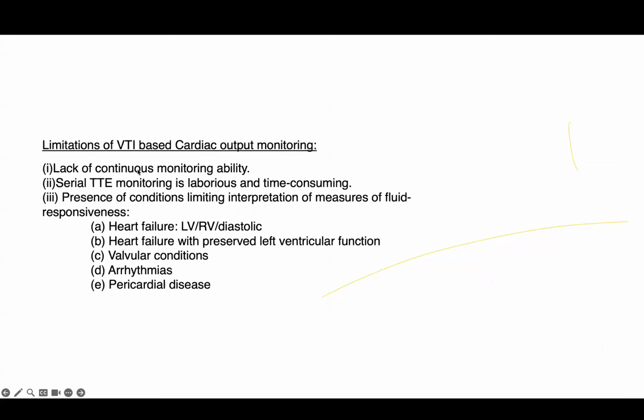One is lack of continuous monitoring ability, because serial TTE monitoring is laborious and time consuming. Another is the presence of conditions limiting interpretation of measures of fluid responsiveness: heart failure, that is LV, RV or diastolic failure, heart failure with preserved ejection fraction, valvular conditions, like you said, arrhythmias and pericardial diseases. In any of these conditions, assessment of fluid responsiveness becomes invalid because of the high chances of variation.